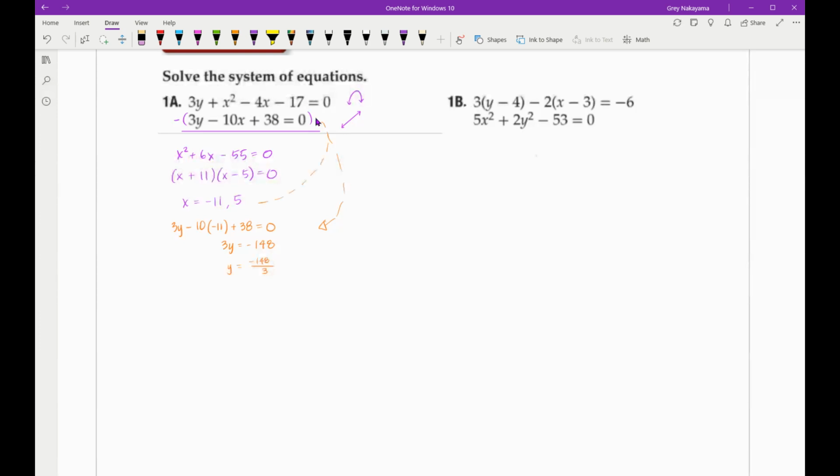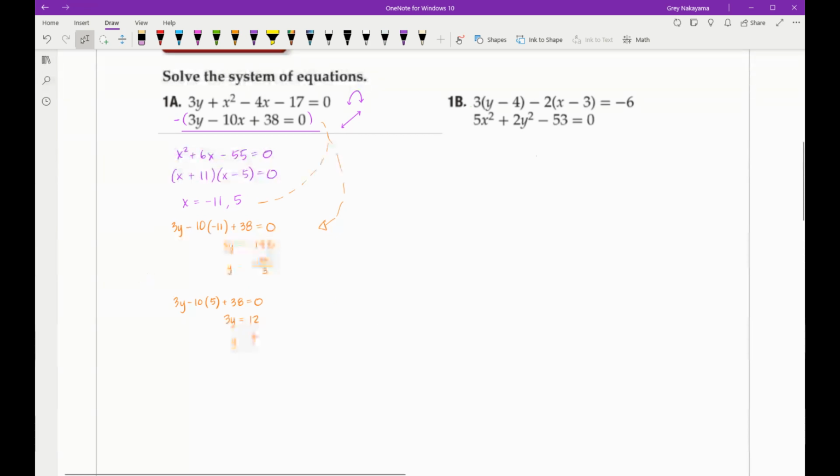And then I'm going to do that again. This time, instead of negative 11, I'm going to plug in 5, and that's going to simplify to 3y equals 12, and y equals 4. Keep in mind, y'all, I plugged in negative 11, and I got this output. When I plugged in 5, I got this output.